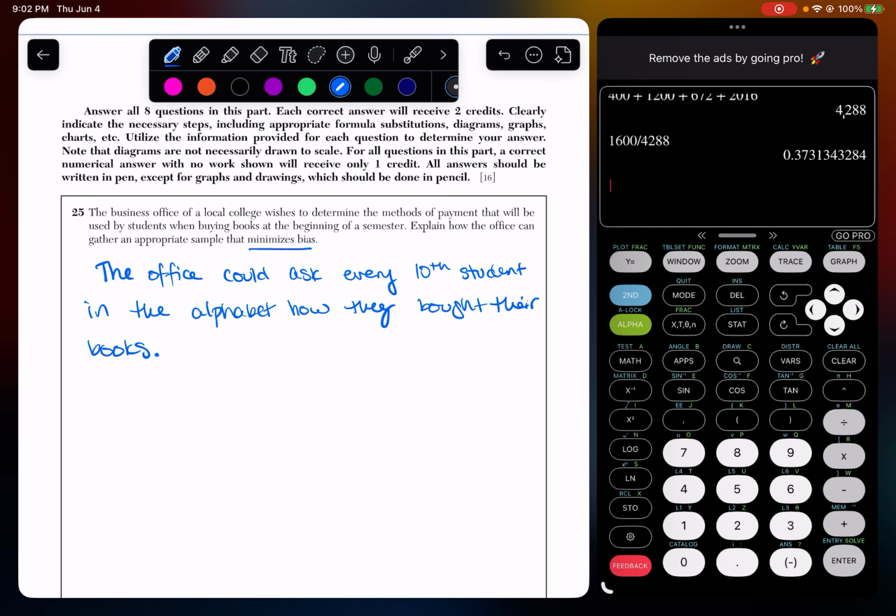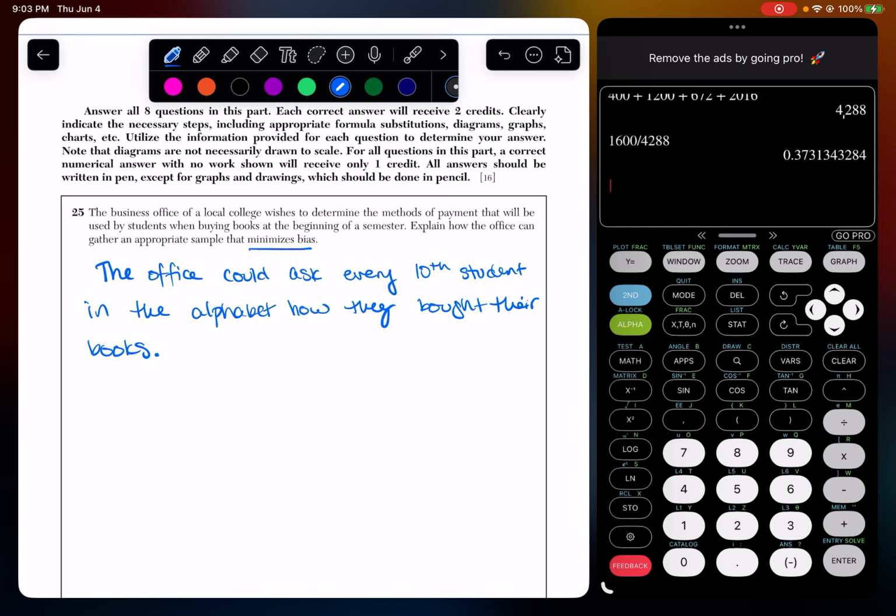So then what this is doing, the office is selecting a sample of students. They're not asking every single student, but the way that they are selecting them does not allow any bias. For instance, something that would allow bias is the business office could just ask the students in the science building how they bought their books. Maybe science majors for some reason are more likely to use credit card than cash, or whatever reason.